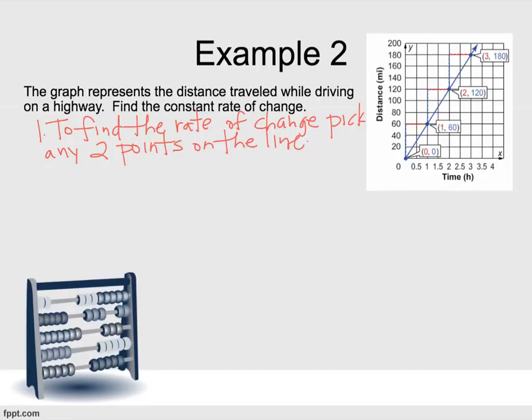So we're going to pick 0, 0, and 1, 60. The next thing that we do is we take the change in miles divided by the change in hours.